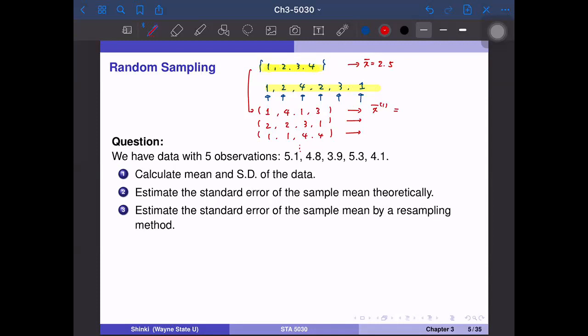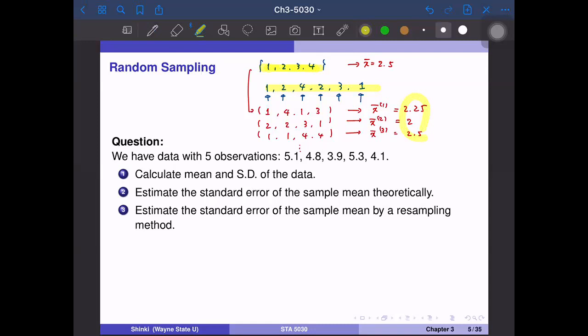In this case, the total is 9, so this is 2.25, and this average is 2.0, and this average is 2.5. So in this way, we have some variability in these simulated X bars.